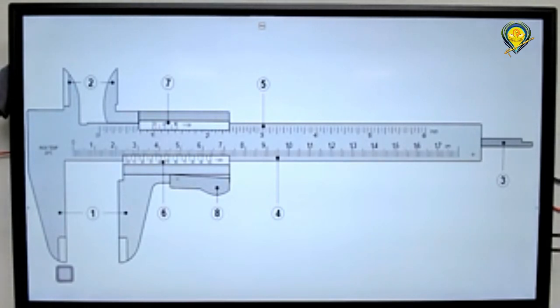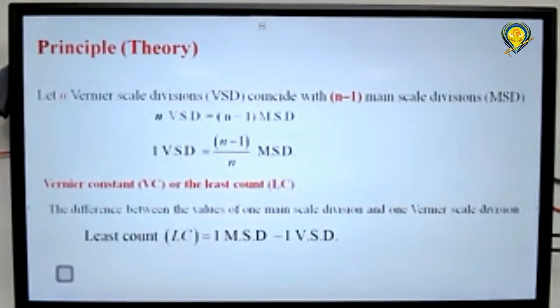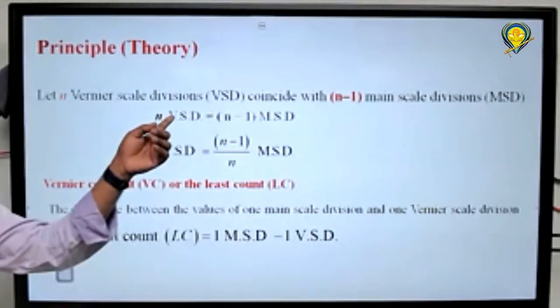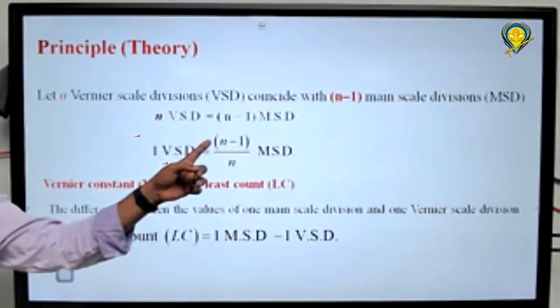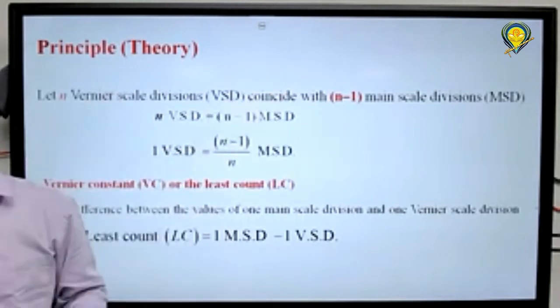Now, what is the basic formula for least count? For example, when n number of vernier scale divisions coincides with n minus 1 number of divisions on the main scale, then we need to follow this process. According to the question, n number of vernier scale divisions, VSD, coincides with n minus 1 main scale divisions.